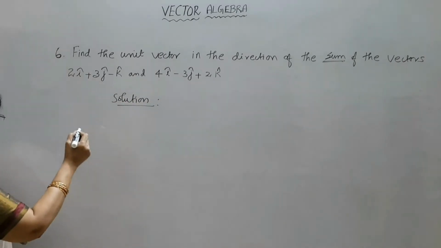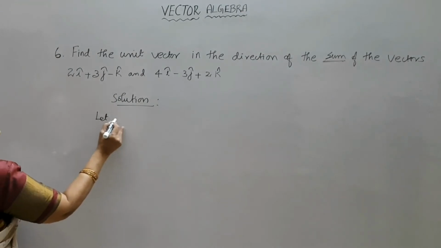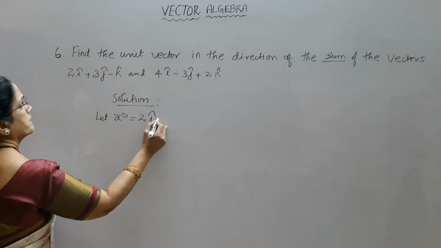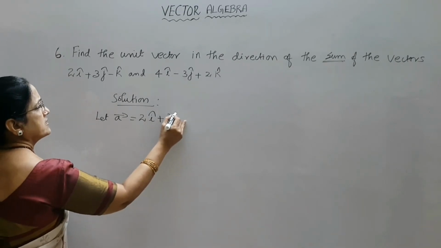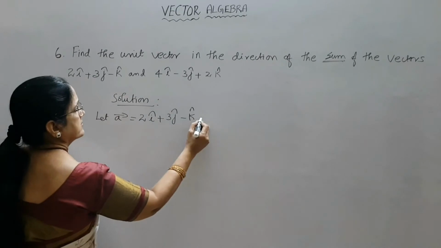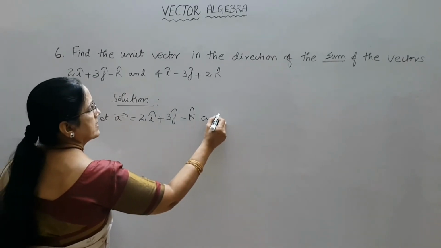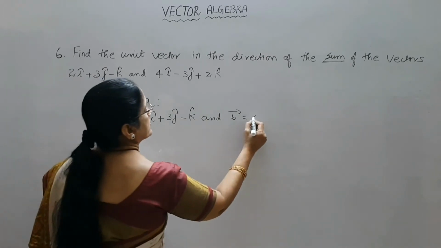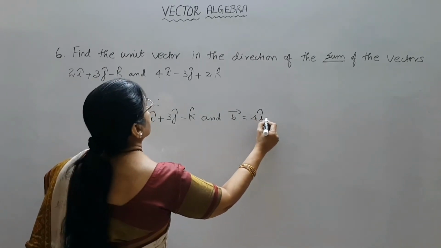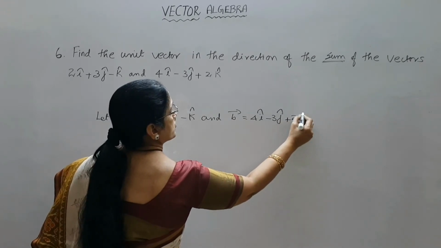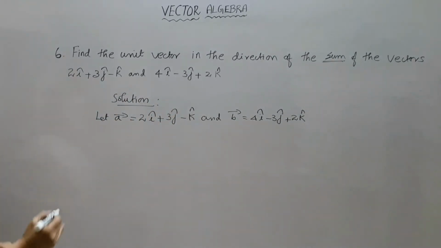First let us make the assumption. Let a vector is equal to 2i cap plus 3j cap minus k cap and b vector is equal to 4i cap minus 3j cap plus 2k cap. Now let's find out the sum.